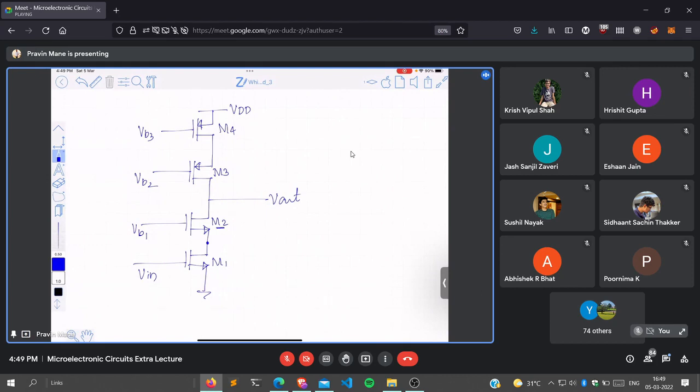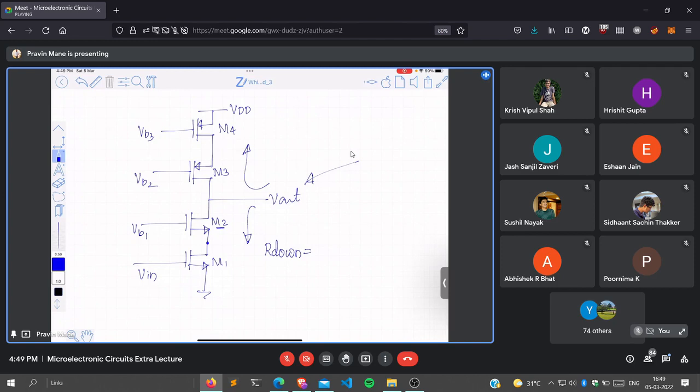First I will ask you, what is the output impedance of this? Output impedance will be R up parallel R down, right? Can you tell me what will be the equation for R down? Exactly, you write it first and then approximate. In exam you can write the approximate value, but what is the exact value?